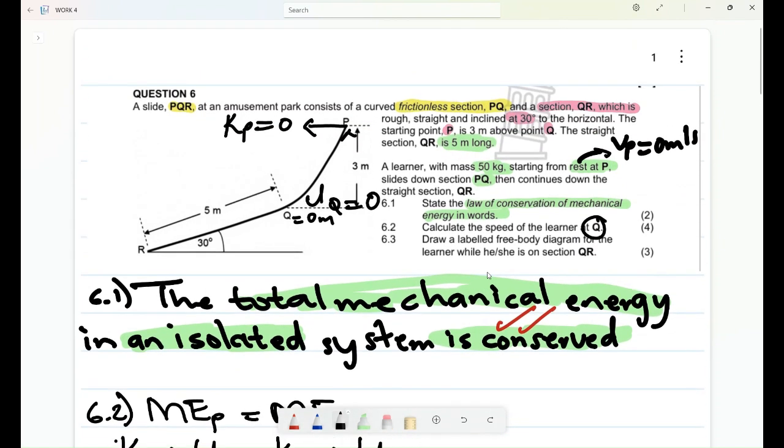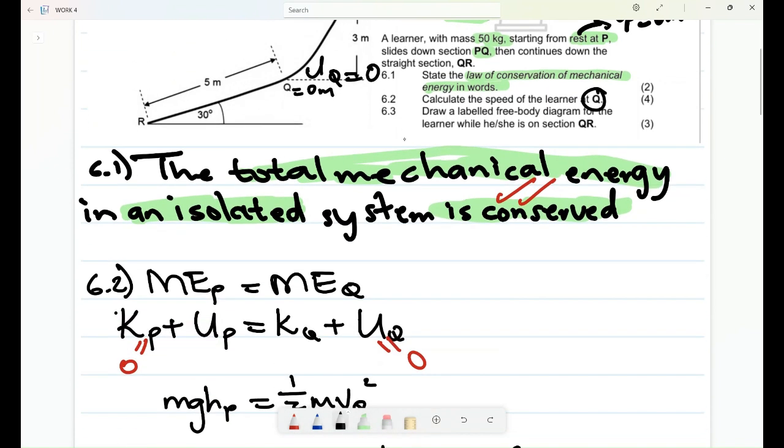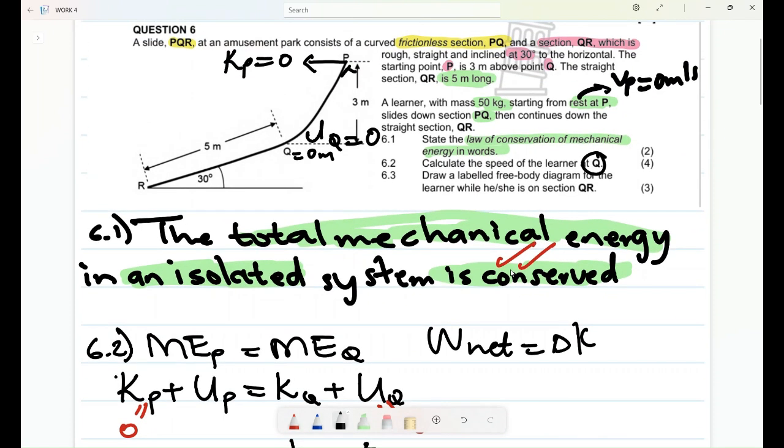When you use WNet, you're gonna say WNet is equal to change in K. Work that is done by, it's gonna be work done by what? Here there is no force. So you agree with WNet, it is mg parallel.